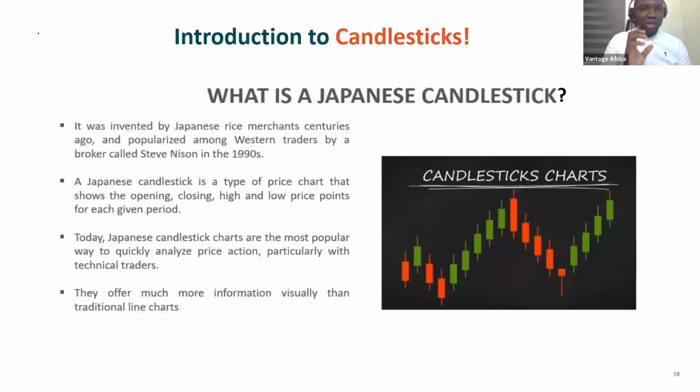So if you're on a 1 hour chart, for example, each candlestick on your chart is formed within the space of 1 hour. If you go to a 4 hour chart, the same thing happens: every candlestick you see is formed within a space of 4 hours. So you will see the open, high, low, close for the period for every candlestick.